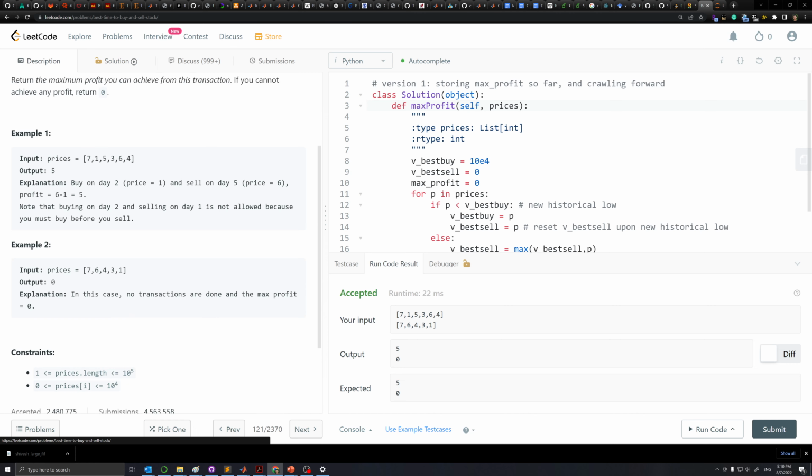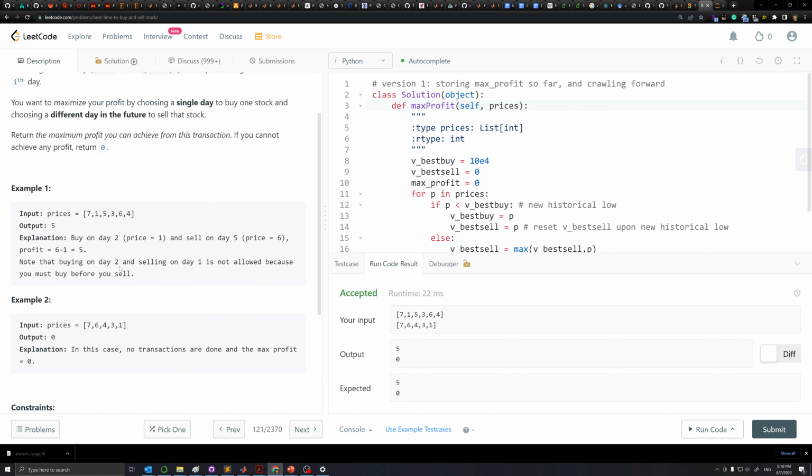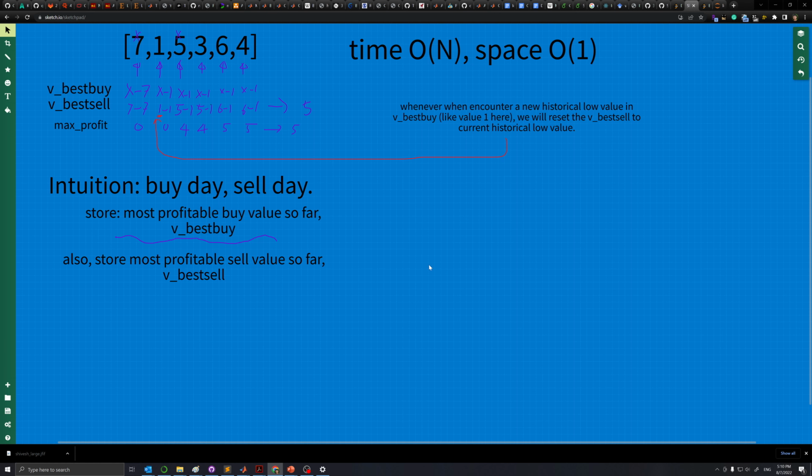Today we did an interesting best time to buy and sell stock problem, which is exactly what you think it is. We just basically need to find a buying point and a selling point later in the future. Our strategy is that we're going to start from the first point and go forward in time.